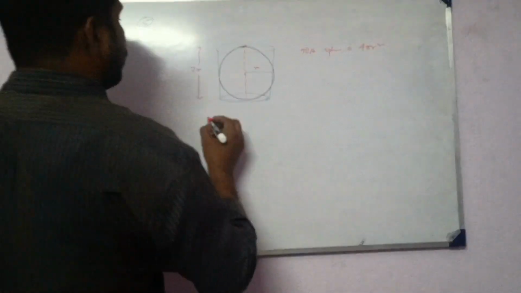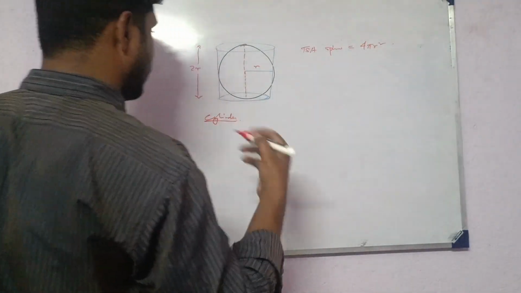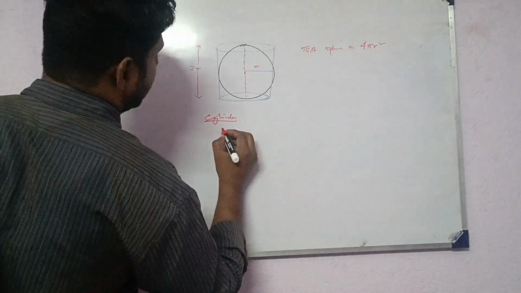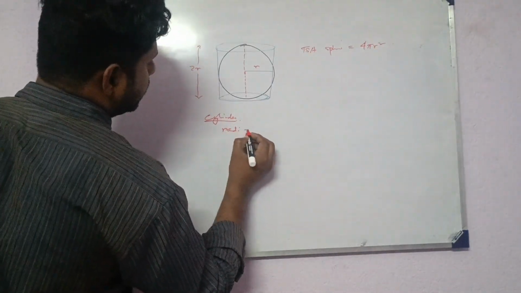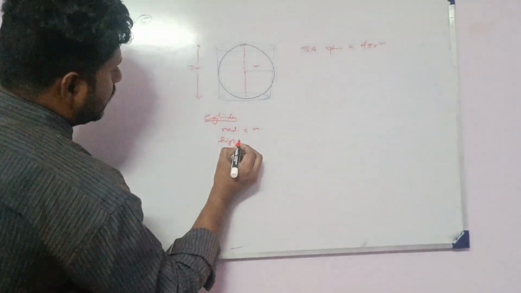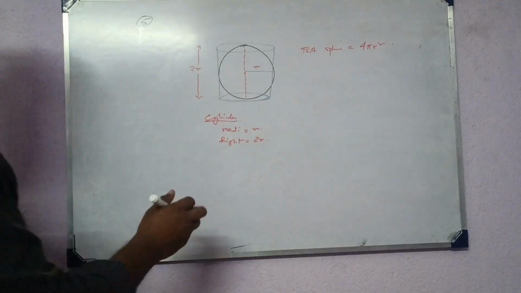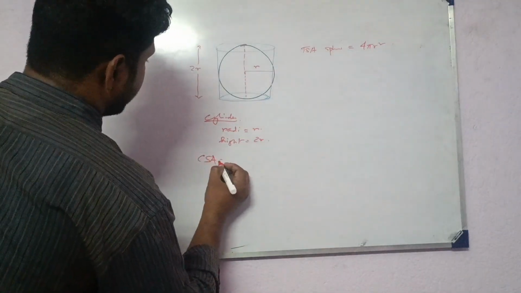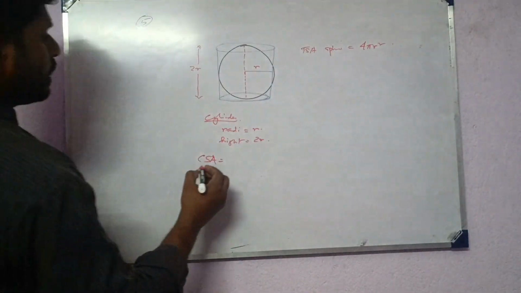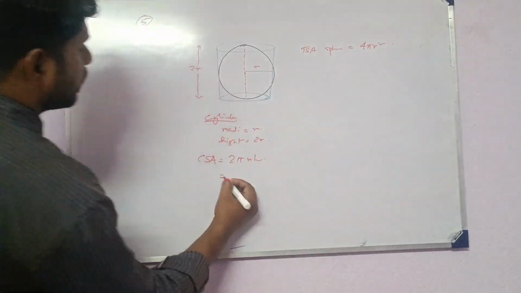And now for cylinder, as it is circumscribing the sphere, for cylinder the radius is r and the height is 2r. Therefore the curved surface area or lateral surface area of the cylinder is 2 pi r h.